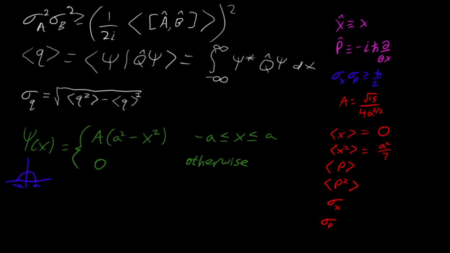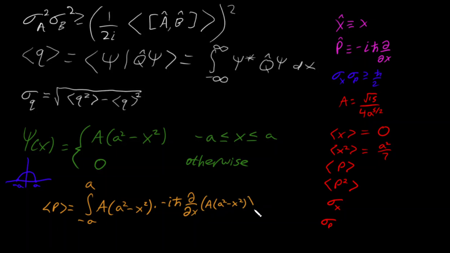Okay, let's look at how we do the expectation value of momentum. Well, that will be the integral. Again, we're integrating from negative a to a, because we're integrating over x, of a times a squared minus x squared, times negative i h bar d by dx of the wave function a squared minus x squared, so the derivative of that, dx.